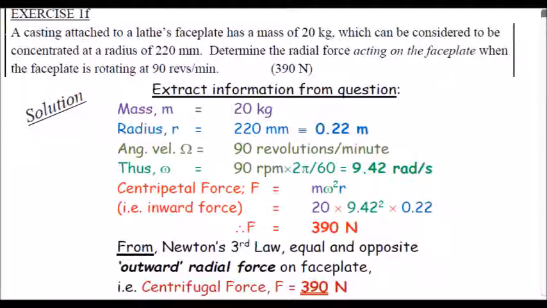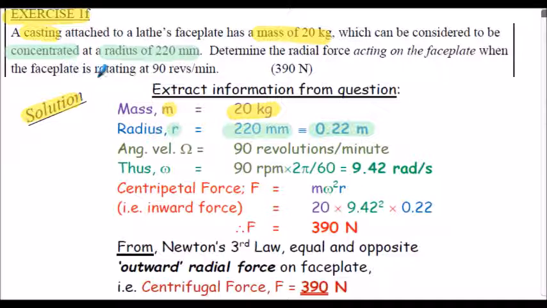So here's exercise 1F, the full solution. Extracting information from the question, we know the casting attached to the faceplate has a mass of 20 kilograms, so M is 20 kilograms. We're informed that the mass is concentrated at a radius of 220 millimeters, so my R is 220 millimeters, converted to meters, 0.22 meters.